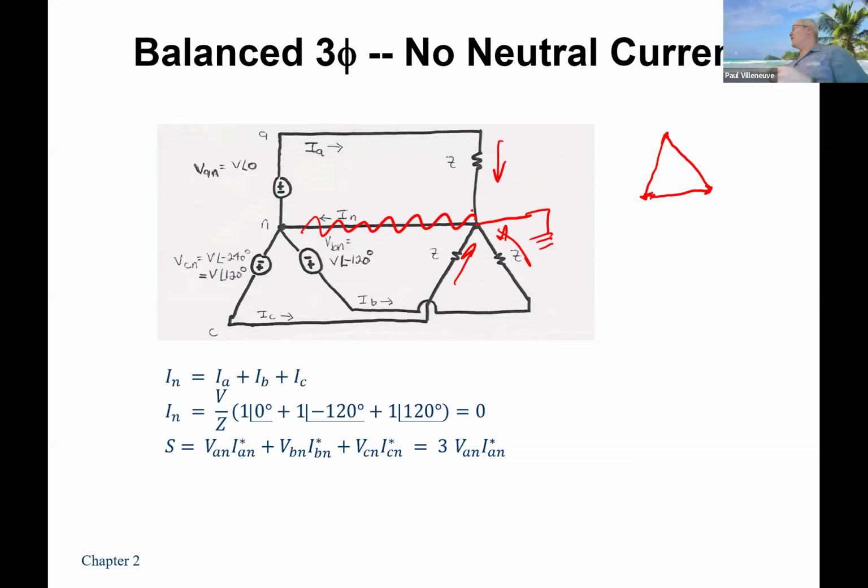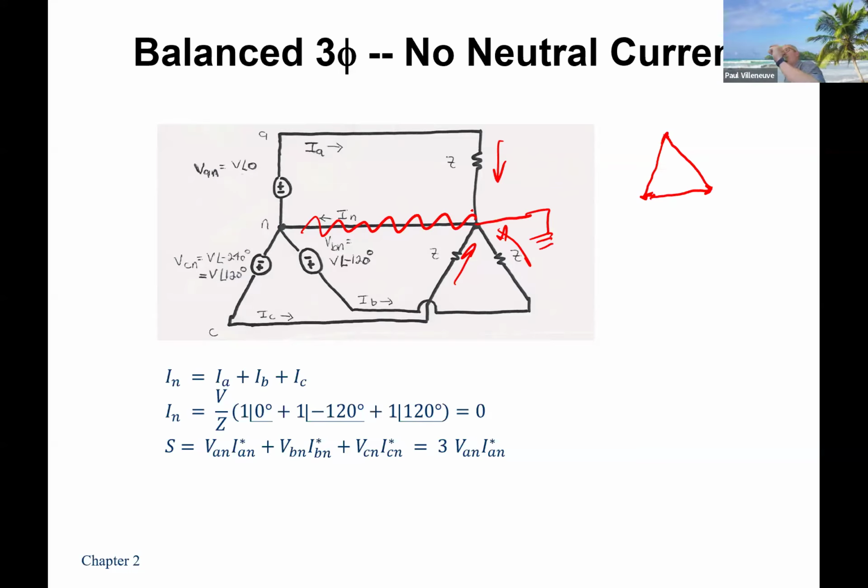And the other advantage is in a perfectly balanced system, I can look at any one phase and do calculations on that one phase for power. And you can see that here. If all the systems are balanced, my voltage and current for phase A have the exact same magnitude as for B and the exact same magnitude as for C. Also, phase A is phase shifted by whatever the phase shift between the two is.